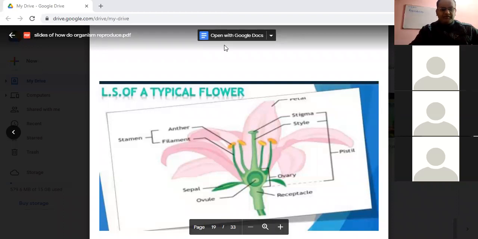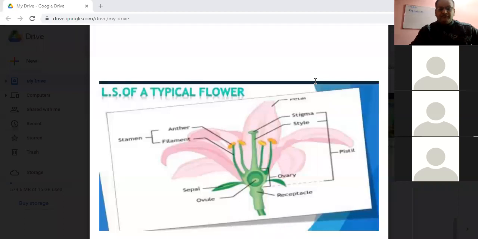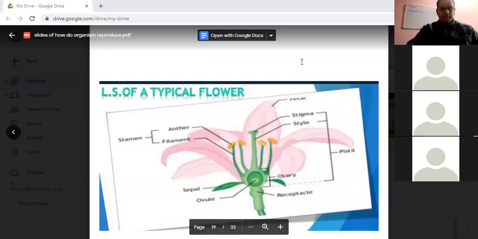Khushbu Kumari of 10A. There are two Khushbu in 10A, so Khushbu 6563, you can unmute. I have given you the option. Briefly discuss the LS of a typical flower and its reproductive part components.